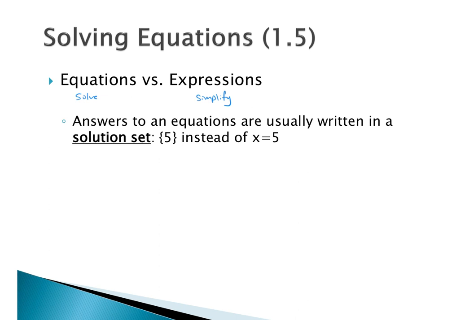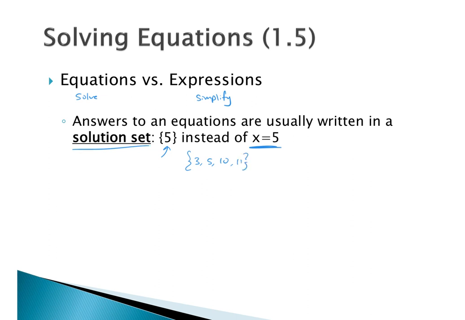Now, the answers to equations are usually written as solution sets. So in parentheses, or these bracket thingies. Now, x equals 5 is also good, but the brackets indicate a list. Okay, so if I have a list of numbers, I could use brackets, and I could have 3, 5, 10, 11.